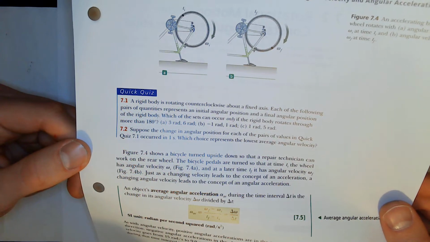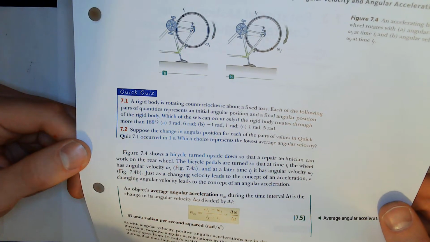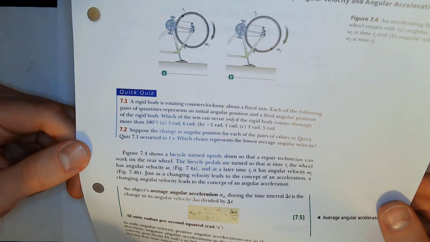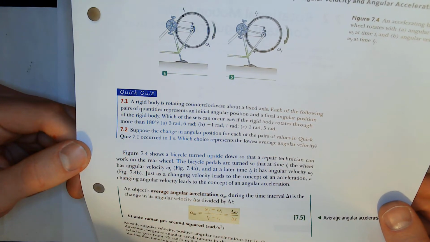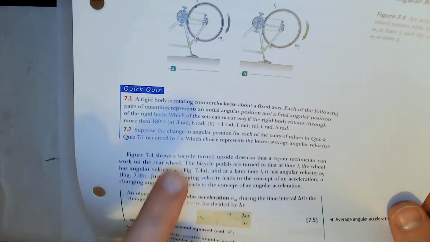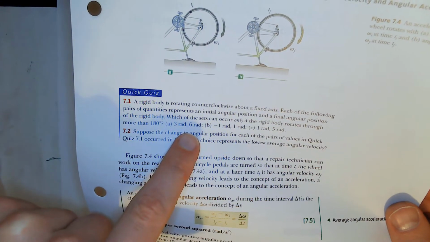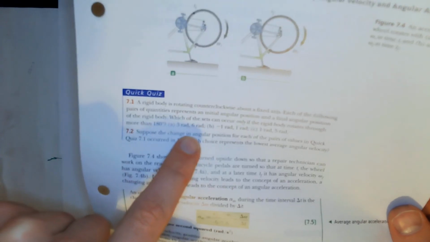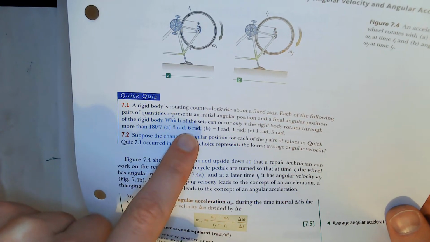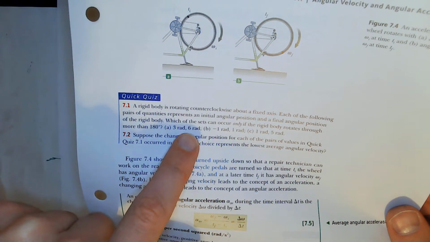Theta final minus theta 1 for part A would be 3 radians, but pi is 3.14. So that's not quite 180 degrees. That's a little bit less, because 3 radians is less than 3.14 radians. It's almost enough, but not quite.